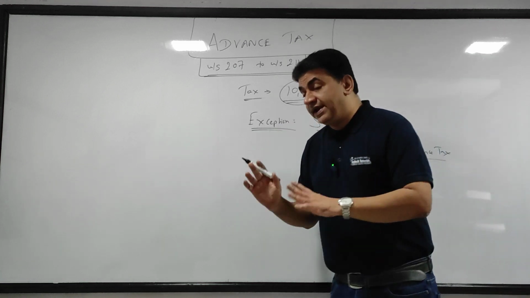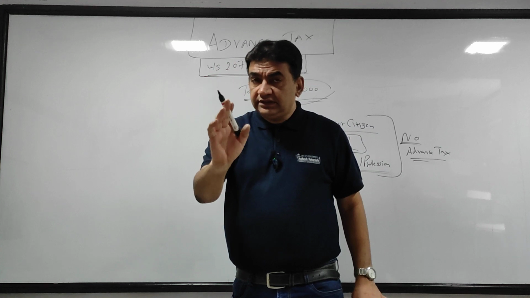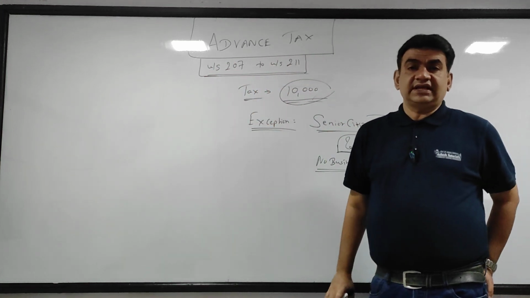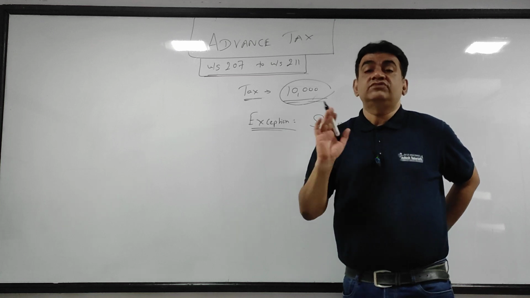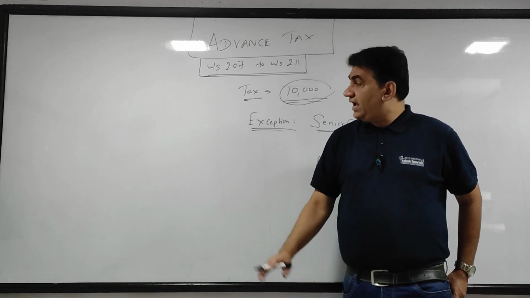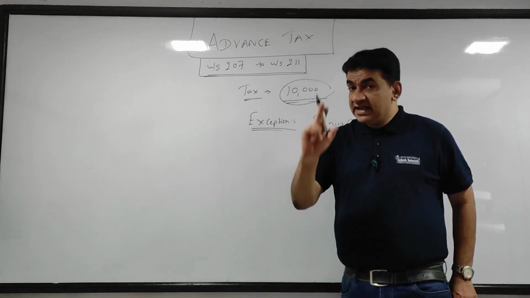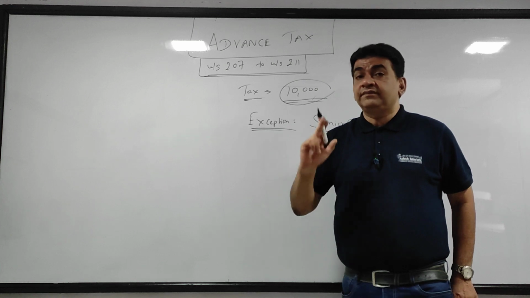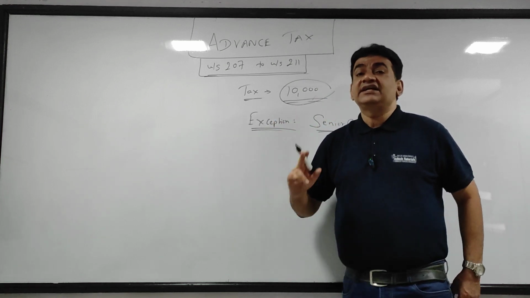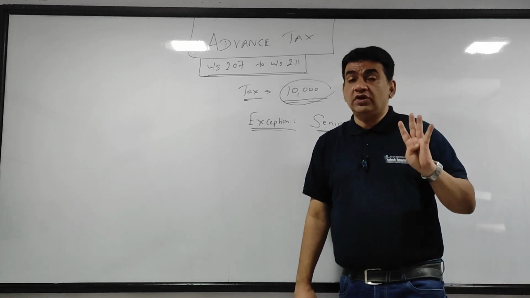Now guys, coming to the main point after this. Advance tax is clear: if tax is above 10,000 or exactly 10,000, I have to pay advance tax. Okay. Now, how do I pay the advance tax? There are 4 installments for the year.